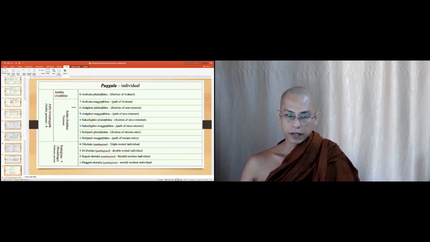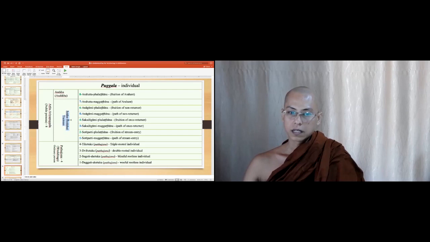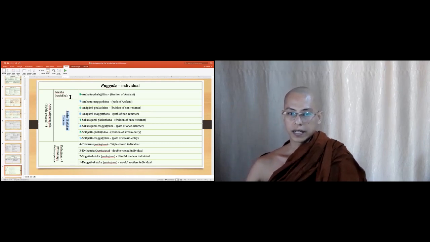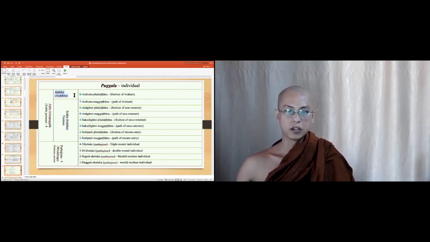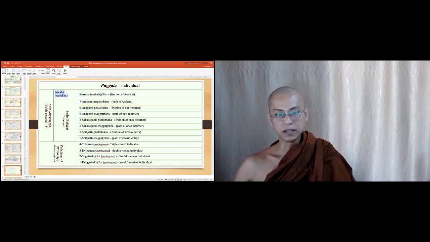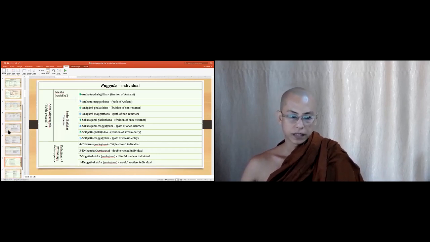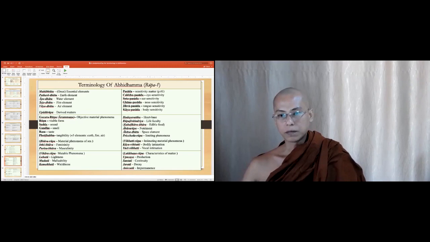The other seven are called Sekha, trainees. These seven types of person have already gained enlightenment but are not complete yet. In order to attain the position of the eighth, noble person, they need to train. That's why they are called trainees. And this person, Arahat, has already completed his training, so he is no more training. That's why Asekha. Okay, then we will continue to chapter 6.